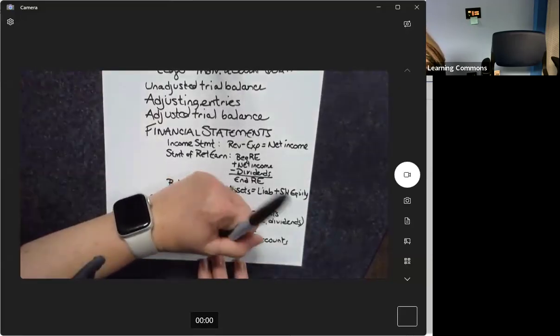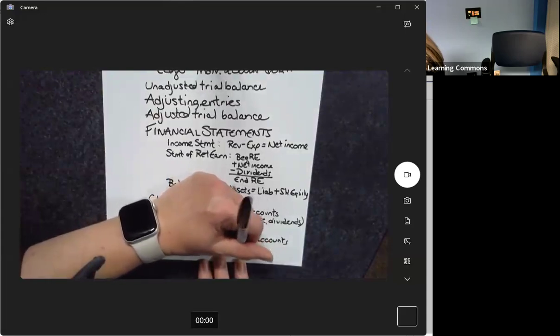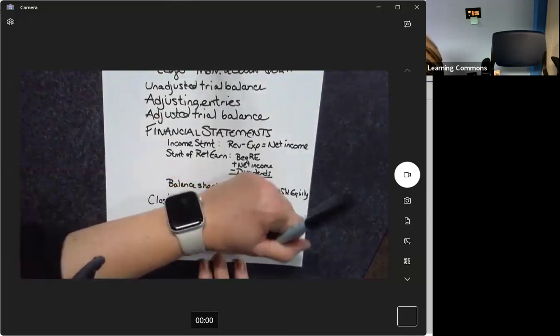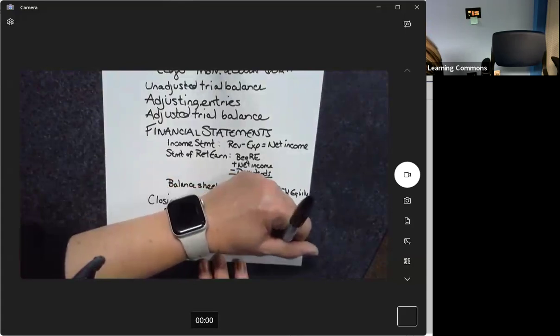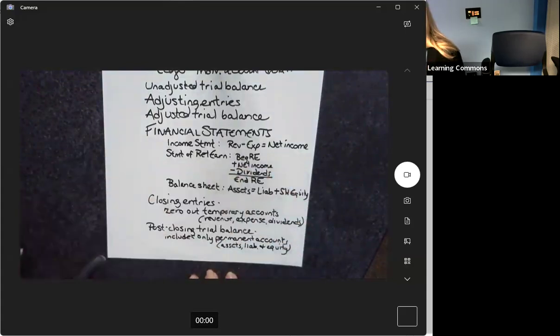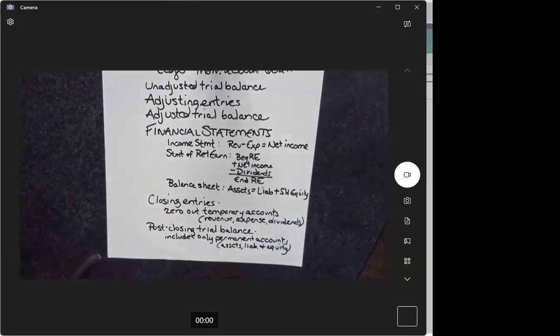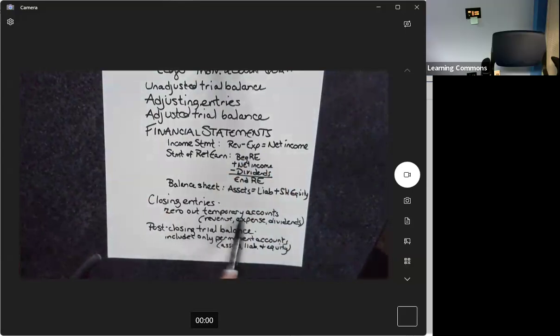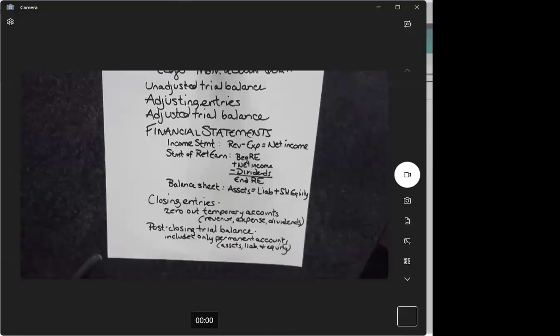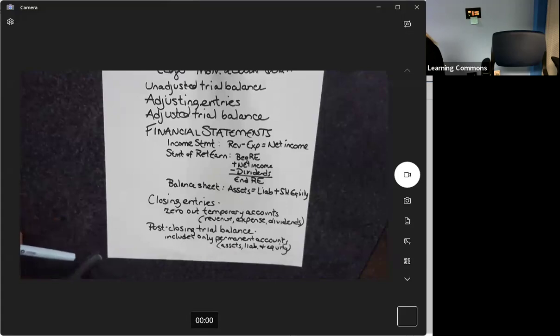The permanent accounts are those balance sheet accounts: assets, liabilities, and equity. So all that temporary stuff's now zero. So the post-closing trial balance is the official end of the accounting cycle. And then we start over in a new year.